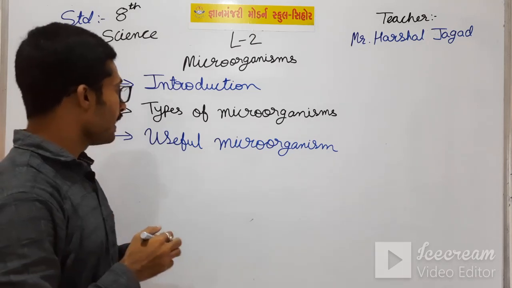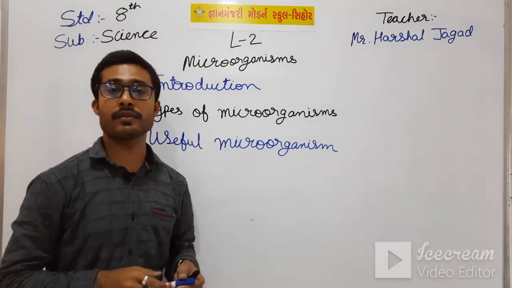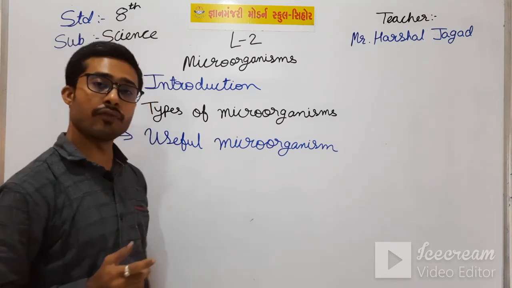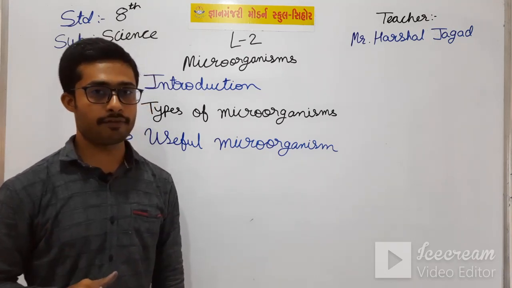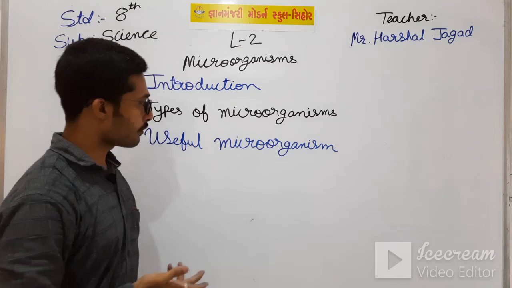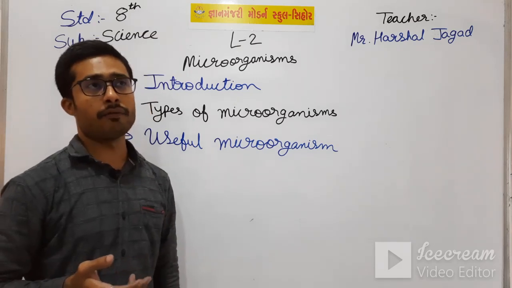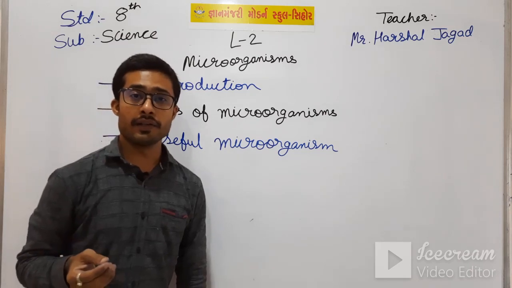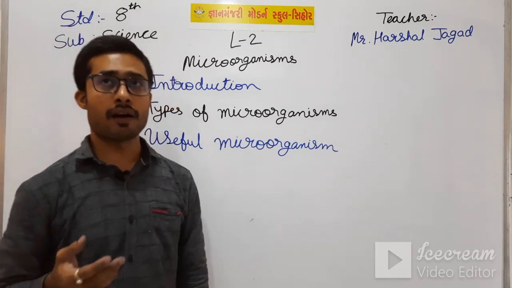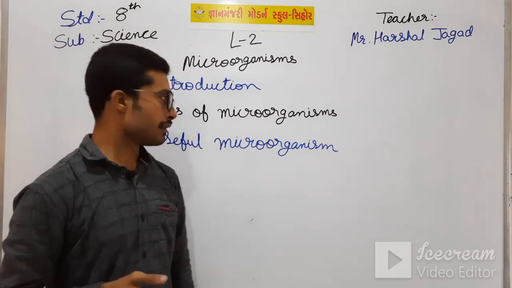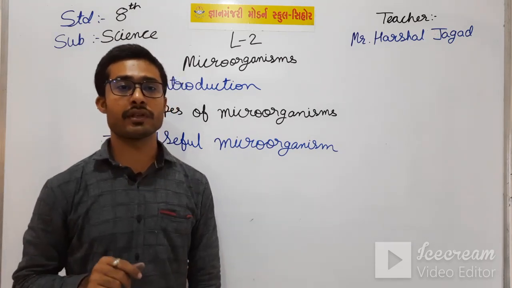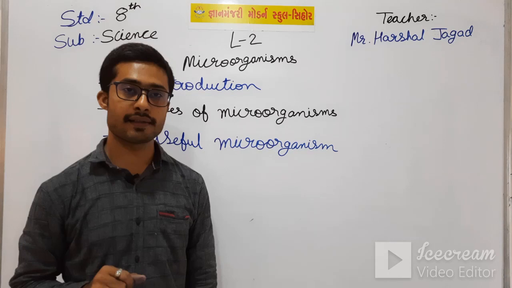So in the useful microorganisms, we have studied the microorganisms which are useful in our daily life. For example, we have learned that for making cheese, paneer, curd, and we have seen that for making curd, the bacteria used is known as lactobacillus.